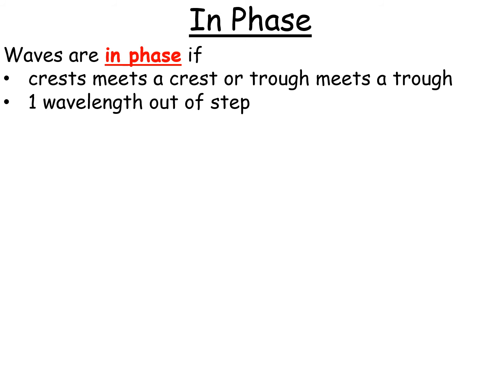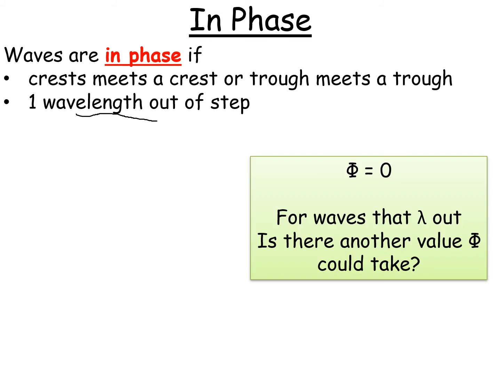At advanced higher, I would really expect you at the least to tell me it's one wavelength out of step. If you say crest meets a crest, trough meets a trough, it's not really rigorous enough. So the more advanced higher answer would be that it's when the phase difference is 0 for waves that are one wavelength out.